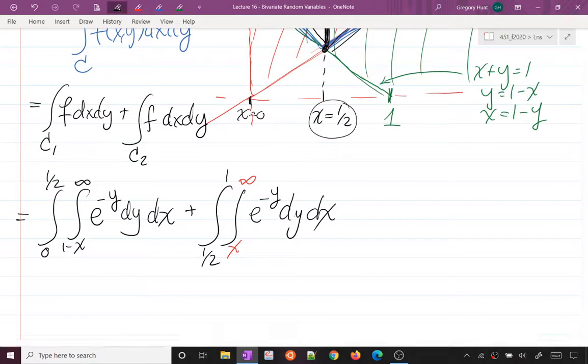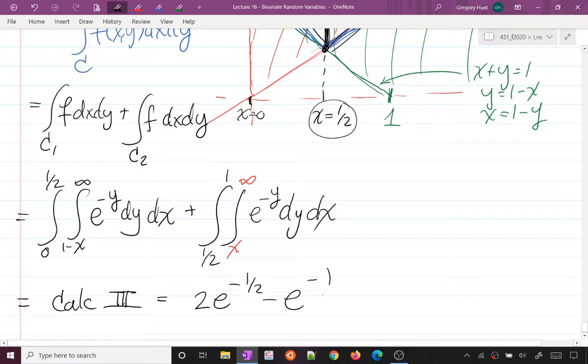So again, I'm going to leave this to you. It's Calc 3. Basically, set up the probability content. You do some Calc 3, but I'll let you solve this as an exercise, and I get something like that: 2e to the negative 1/2 minus e to the negative 1.